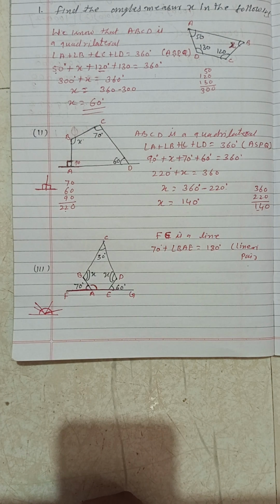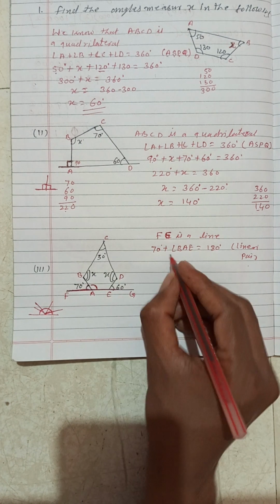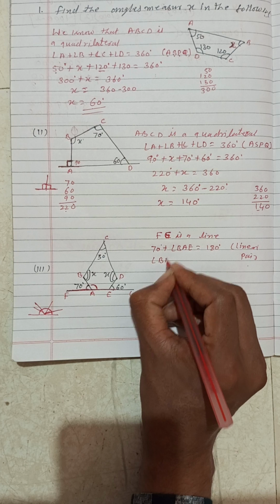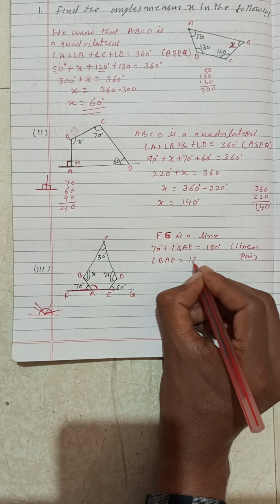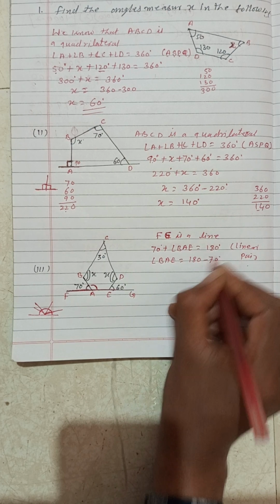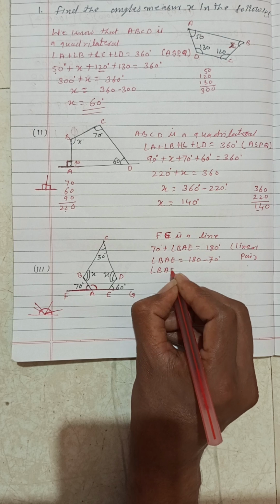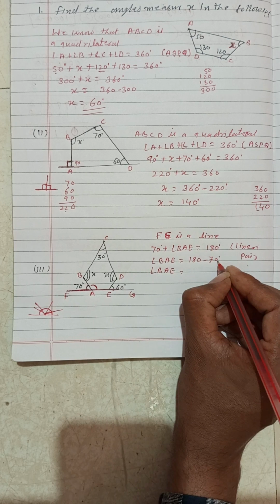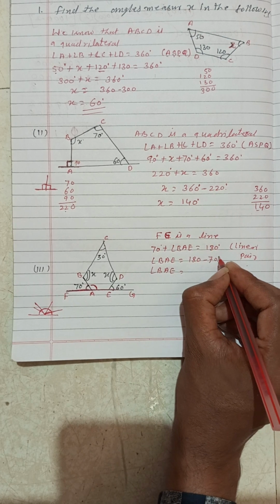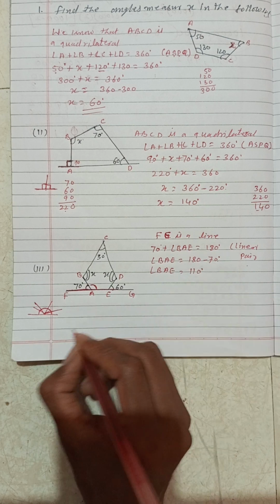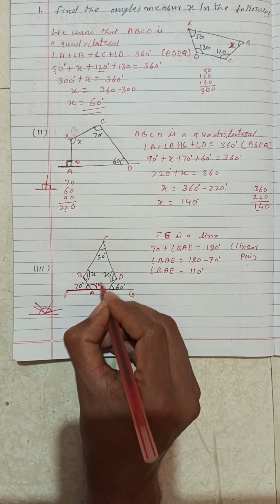So angle BAE is equal to 180 minus 70 degrees, which is 110 degrees. So this angle we got is 110 degrees.